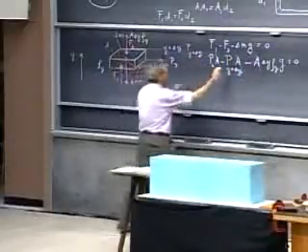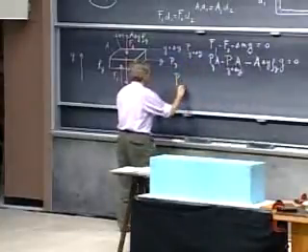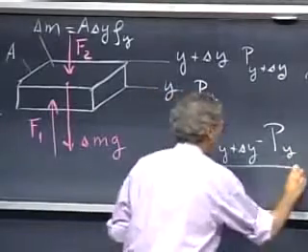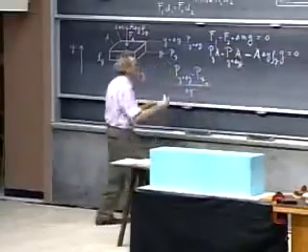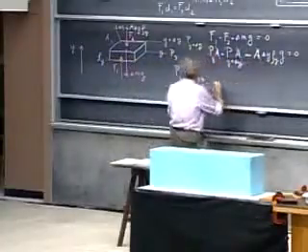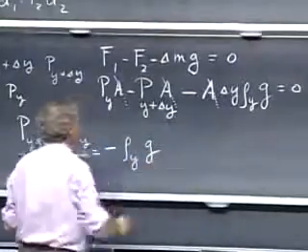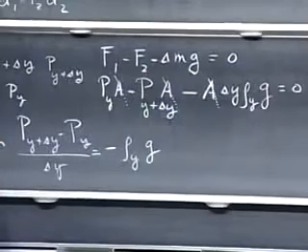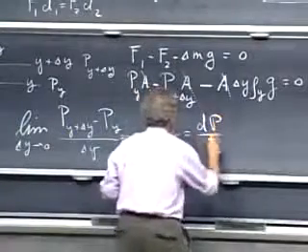I'm going to rearrange this slightly and divide by delta y. And so I get that P at the level y plus delta y minus the pressure at level y, divided by delta y, equals, if I bring this to the other side, minus rho of y times g. And if I take the limiting case of this, for delta y goes to 0, then we would call this dP/dy.